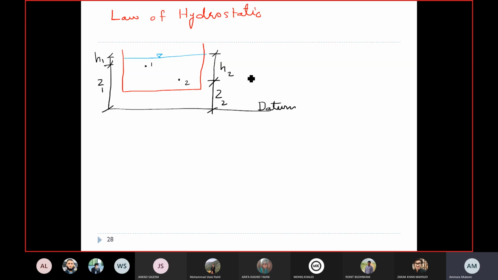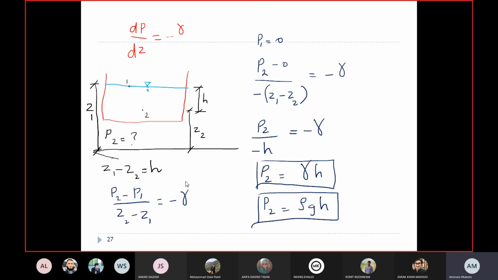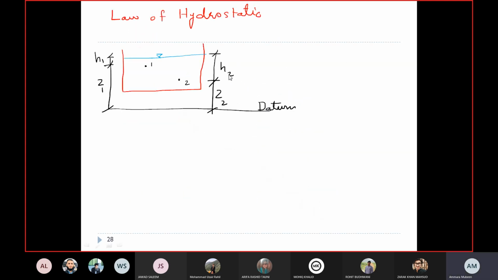So H2, according to the previous law, is equal to P2 over gamma, okay? And H1 is equal to P1 over gamma, isn't it? So this is the same law we just have applied. And this is actually called the pressure head.